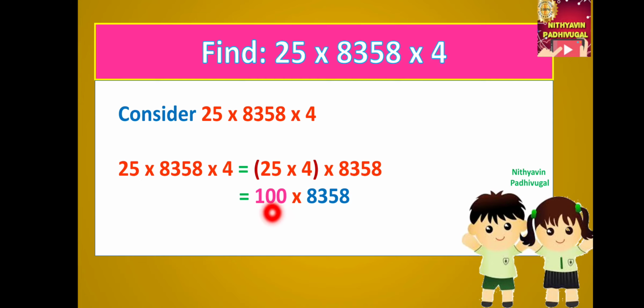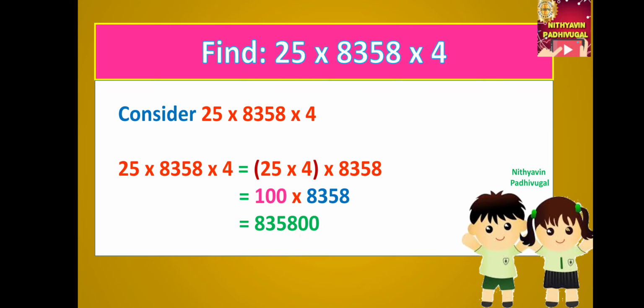Now it is very easy to multiply any number with multiples of 10. We have hundreds here, 2 zeros, right? So write 2 zeros in the end, and then 1 into 8,358 is remaining, right? So write them in the first part. So 8358 with 2 zeros. That's all.